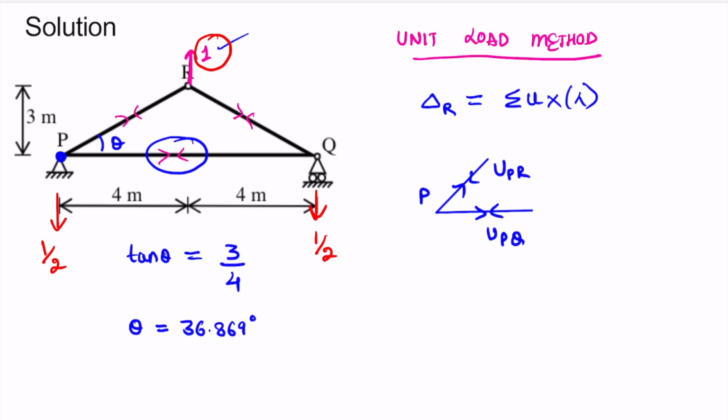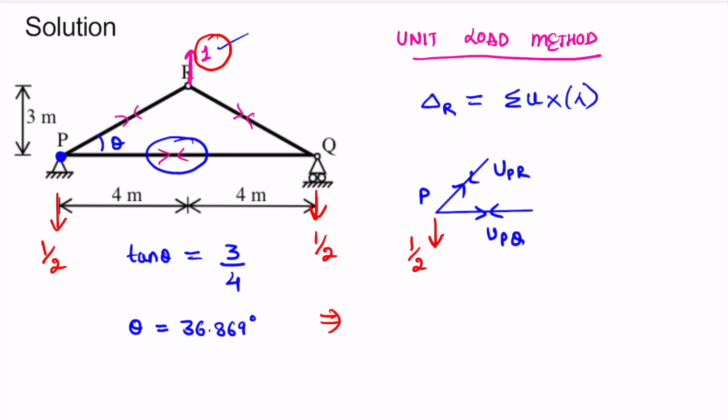So the loading will be equally distributed among supports P and Q. So here we also have this loading in downward direction, that is 1 by 2. Now let's find out the value of UPQ and UPR.